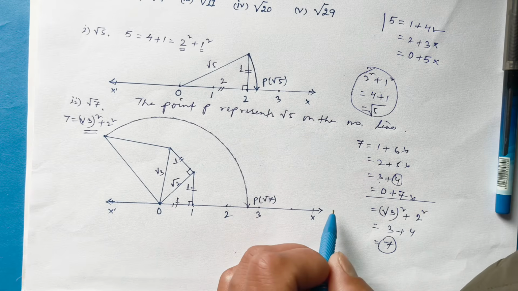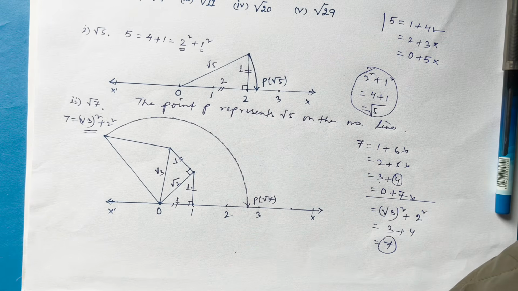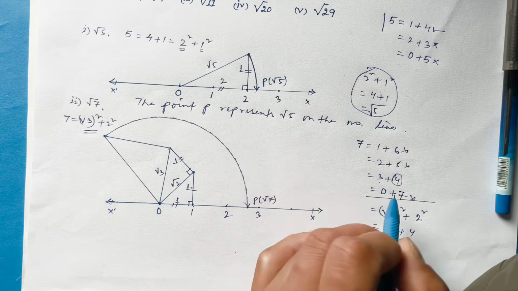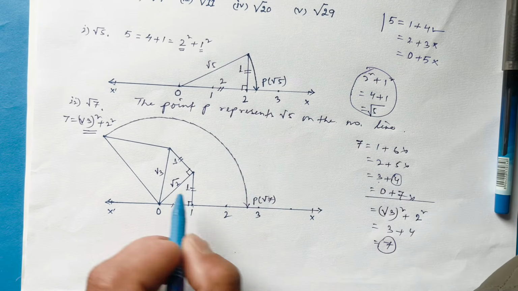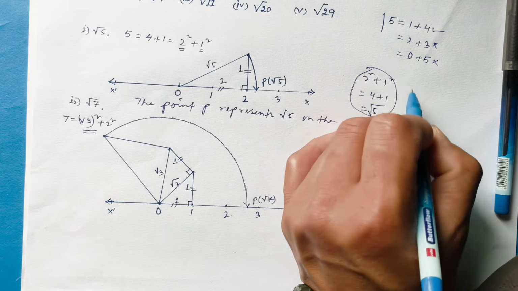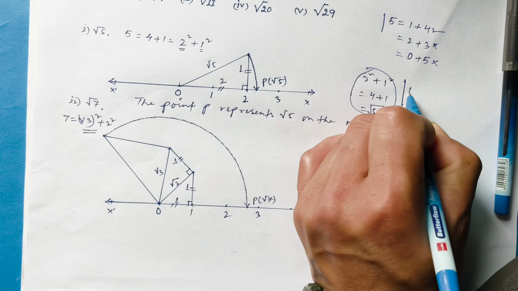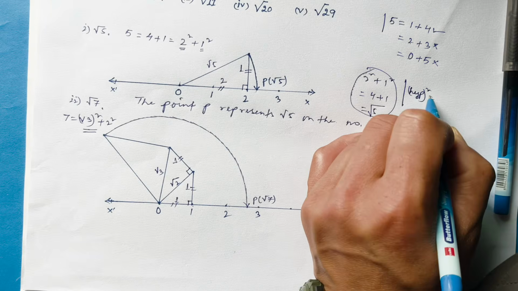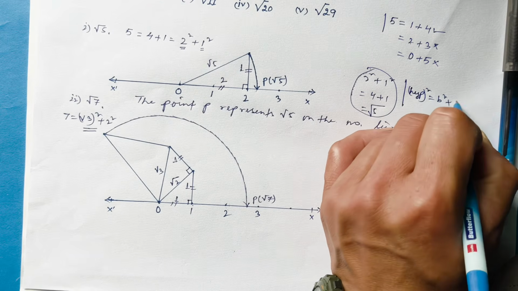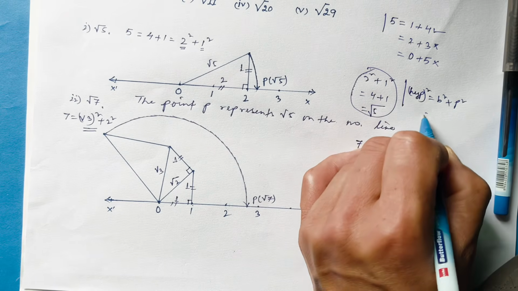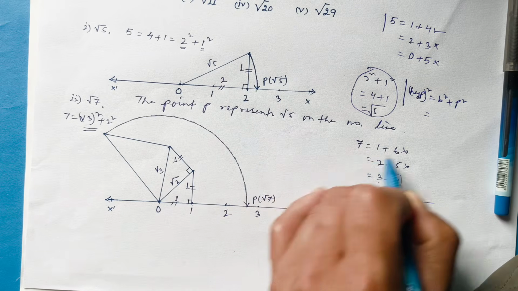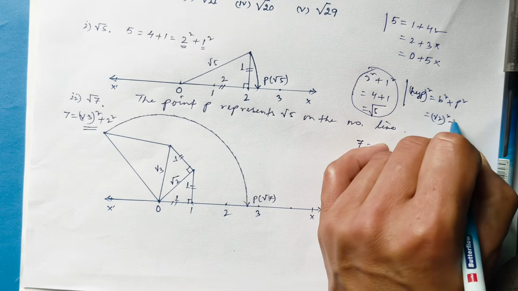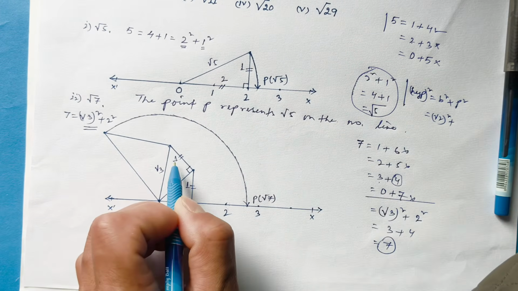I can show it here. By the Pythagoras theorem, what will come? Hypotenuse square equals base square plus perpendicular square. Base is root 2, perpendicular is 1 unit.